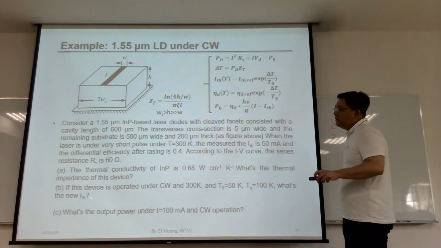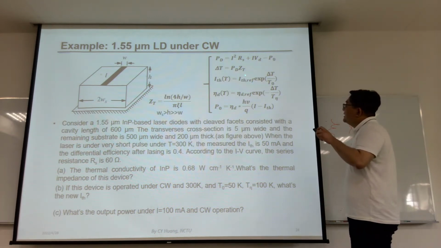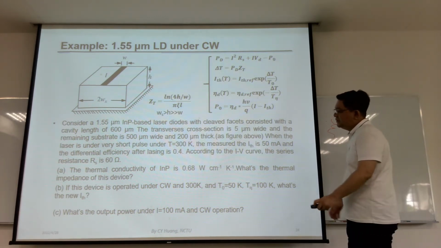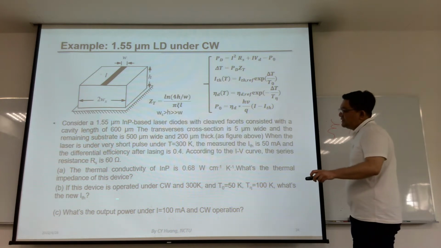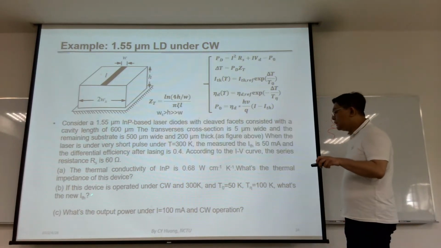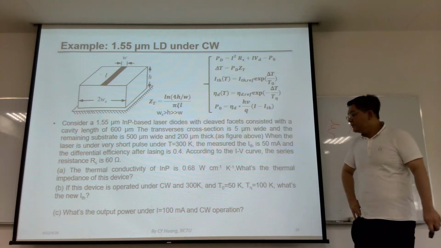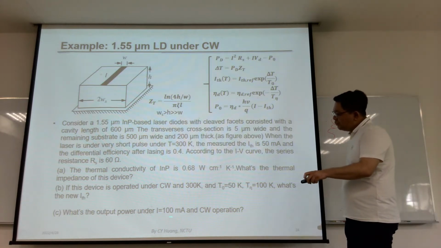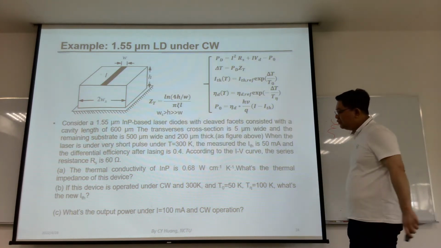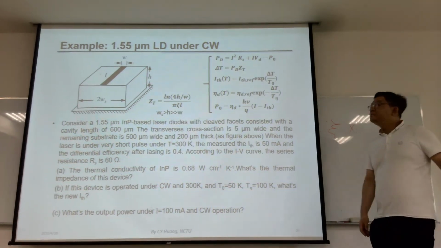First, calculate the thermal impedance. You want to know ZT first for calculation. Second, if this device is operated in a continuous way, so now with the heating issue, what is the new threshold current condition? Third, what's the output power under 100 milliamp?